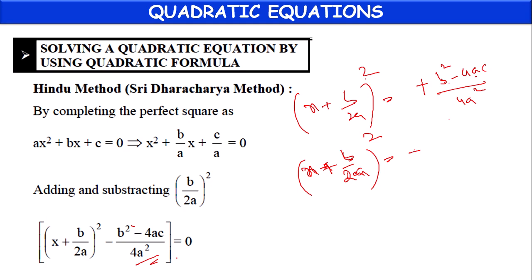So this b square minus 4ac by 4a square, what we can do is, it can be written as plus or minus root of b square minus 4ac by 4a square whole square.